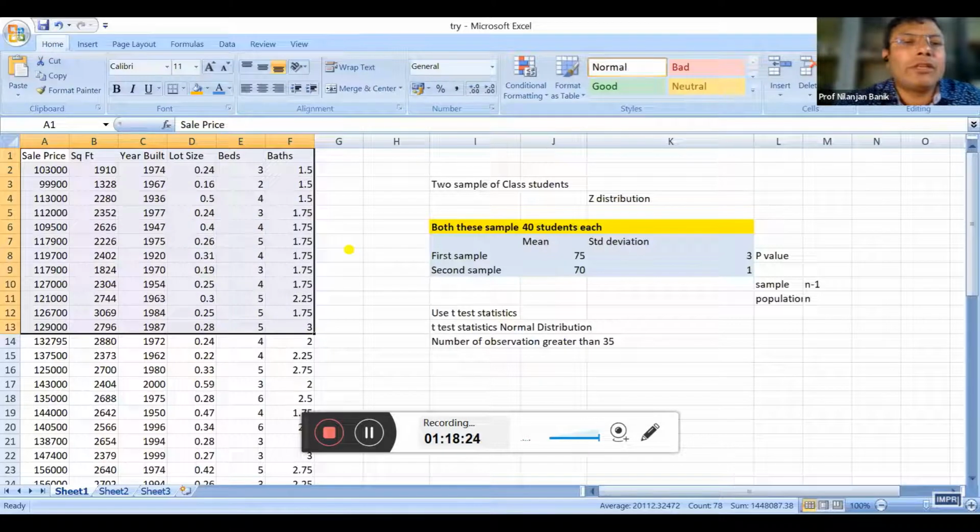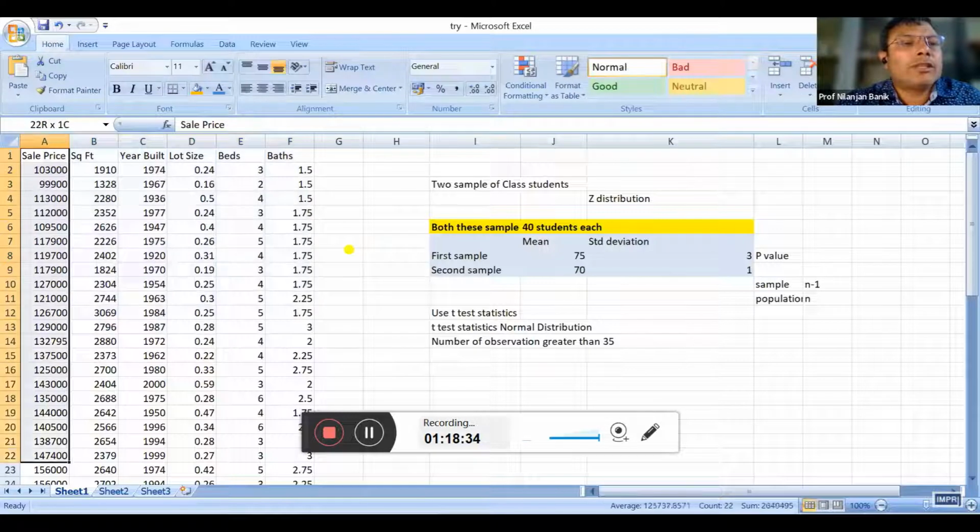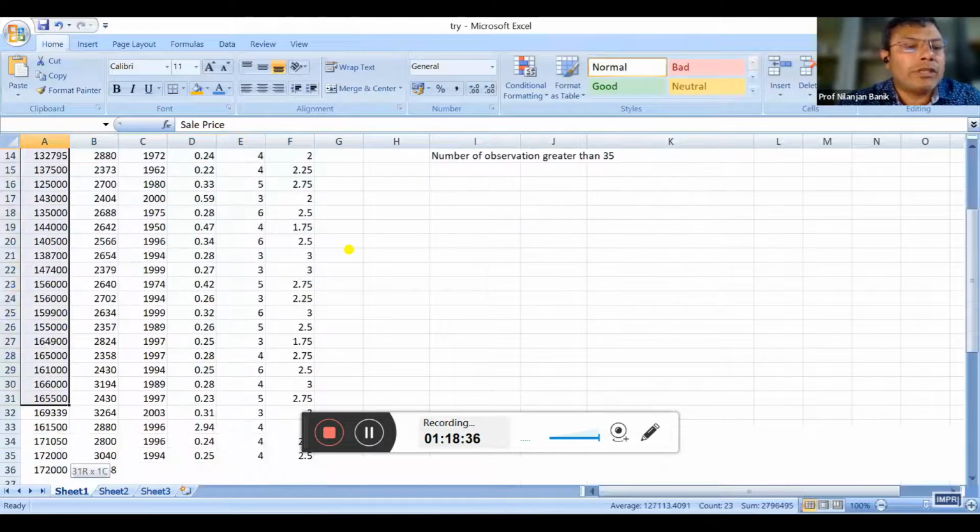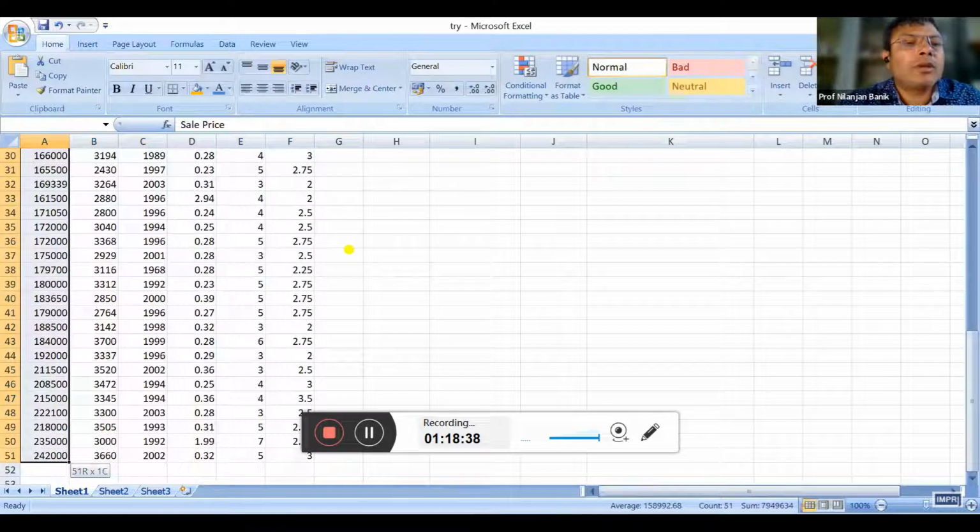Again, when I was a graduate student at Utah State University, I actually went out and collected some data for my class project. What you see over here is the sales price of various houses in US dollars.